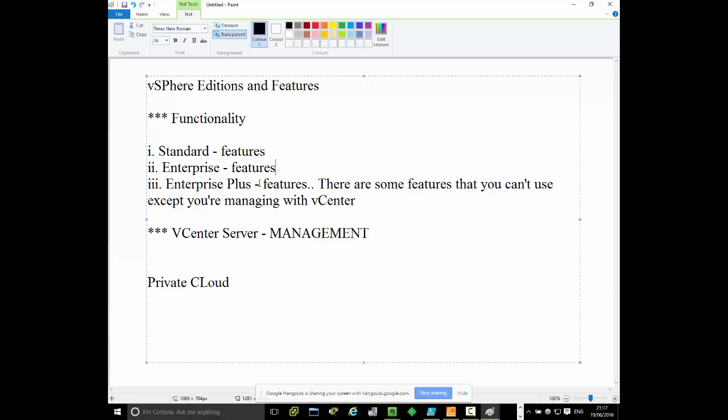So even though you've bought Enterprise Plus, it does not mean you can use all the features that are available. Even though you have Enterprise Plus, you will still need to buy VMware vCenter standalone to be able to use some of the features that you've paid for in Enterprise Plus. So keep that in mind whenever you are thinking about this.